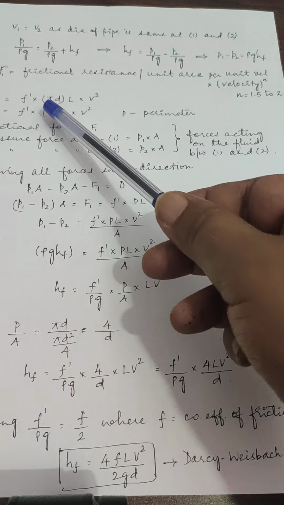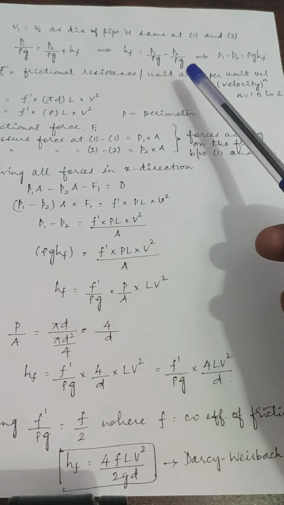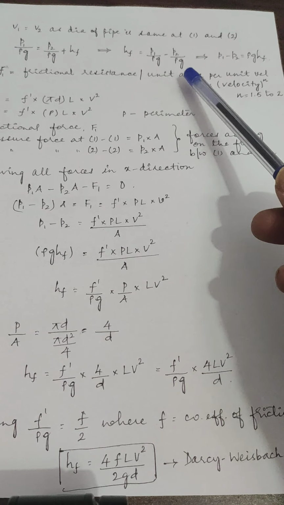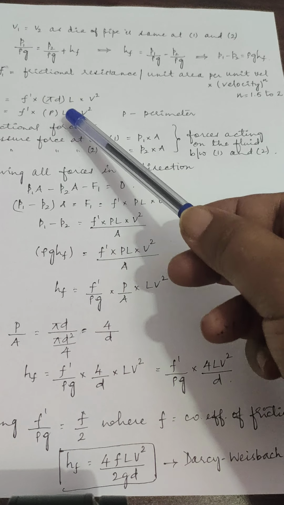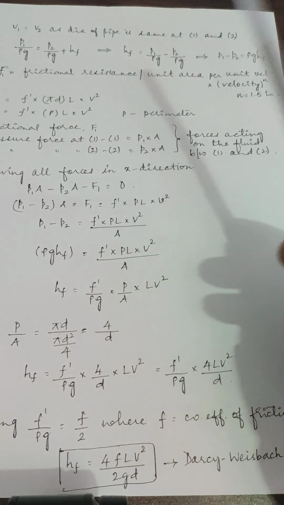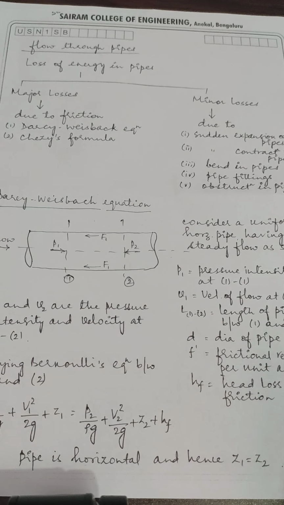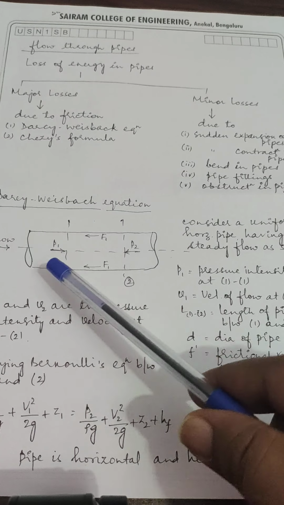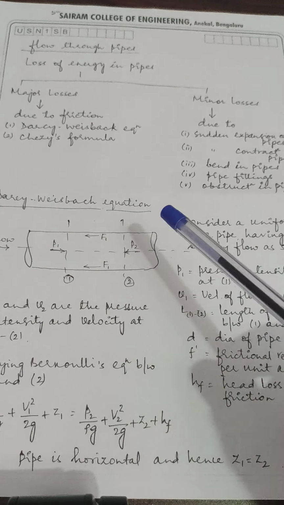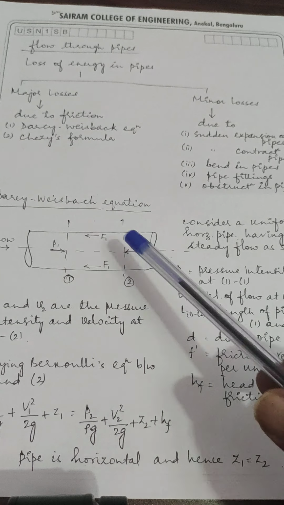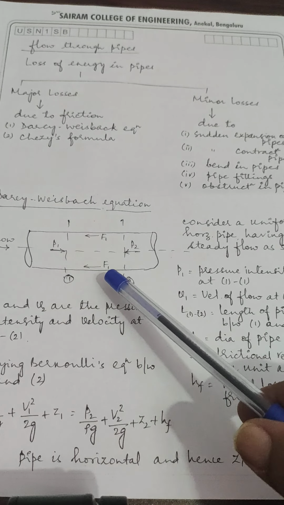So now the frictional force can be written as frictional resistance F dash into, we have written here, unit area of the pipe. So pi into d. Since the pipe is considered as a rectangle, though it is having a circular cross section or it may be having a rectangular cross section, the area between the two sections 1 and 2 will be considered as the rectangular area.